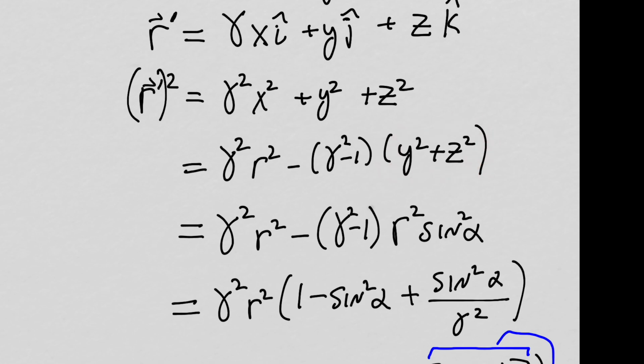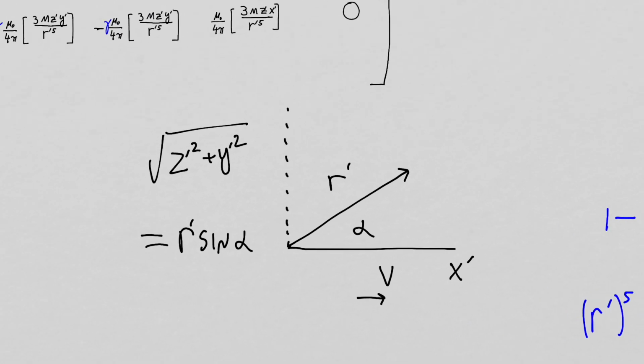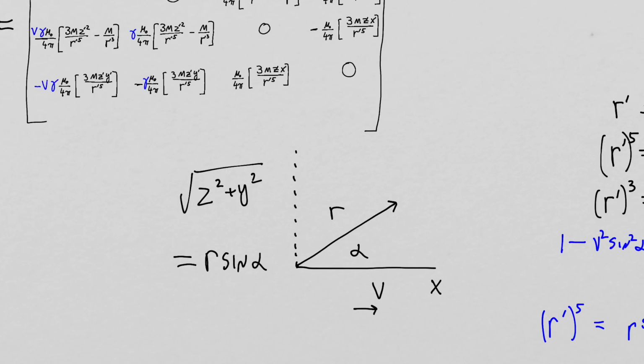If we now build a little triangle, let's see, I think I've done that somewhere. Yeah. The Y squared Z squared, if we construct this triangle, we have our velocities in the x direction. The field vector in the lab frame is some vector r, of length r, and we know the perpendicular distance above this plane is going to be the square root of z squared plus y squared.